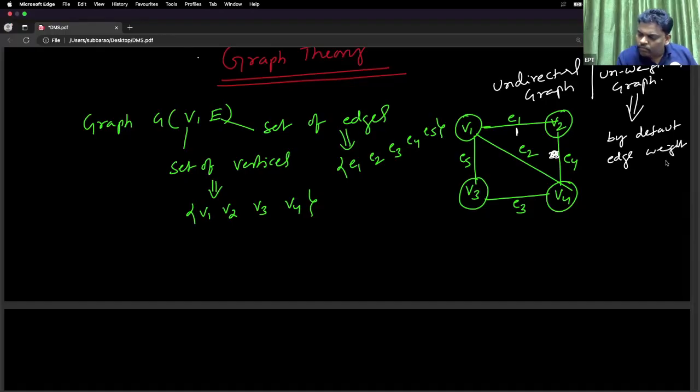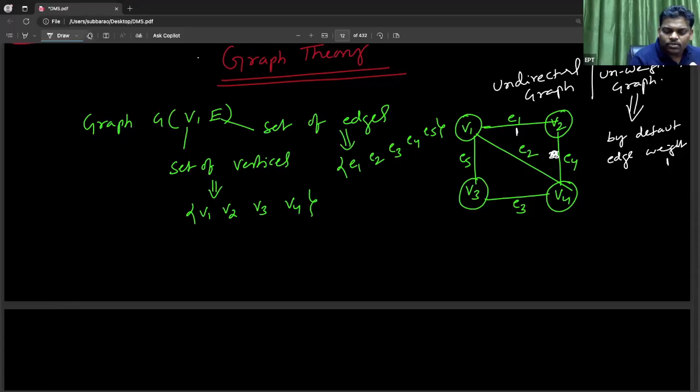By default means if you don't keep anything, the edge weight is 1. If anyone asks you what the edge weight is in an unweighted graph, simply say every edge weight is by default 1. If no edge weight is there, you get 1 by default.